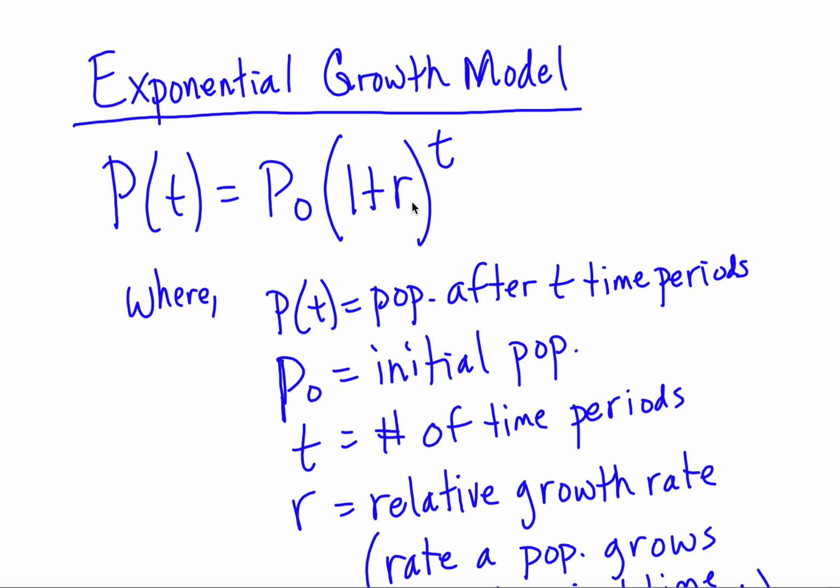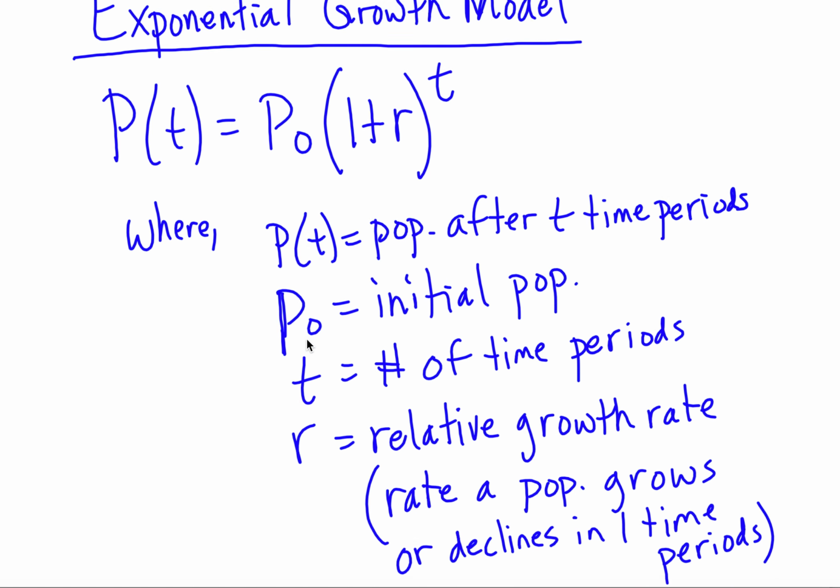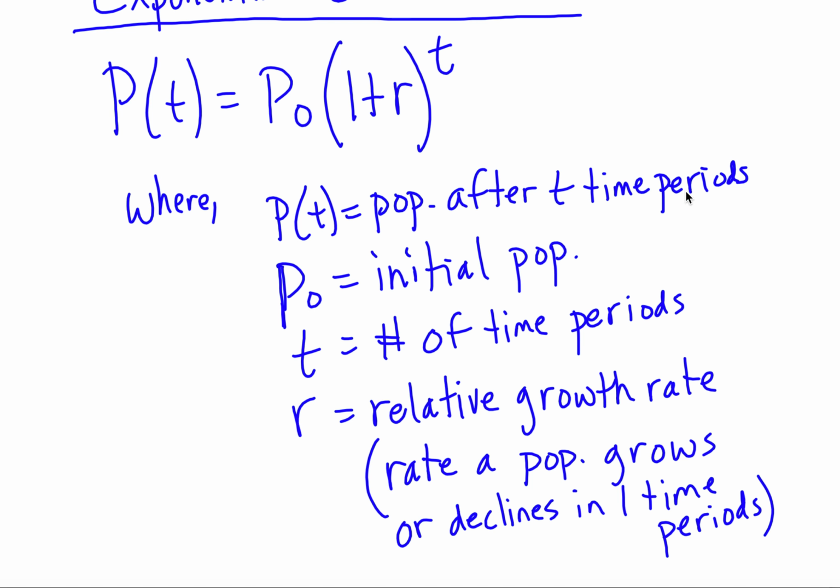So 1.05 to the T. Again, P of T is your population at a certain time period, P0 is what you initially started with, and T is the number of time periods since that initial time. R is your relative growth rate. It's the rate the population grows, but it can also be declining. Growth means R is positive. Declining means R would be negative.